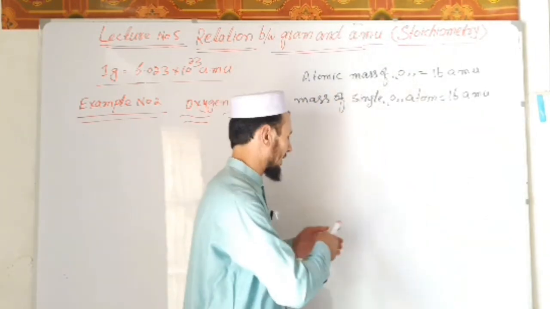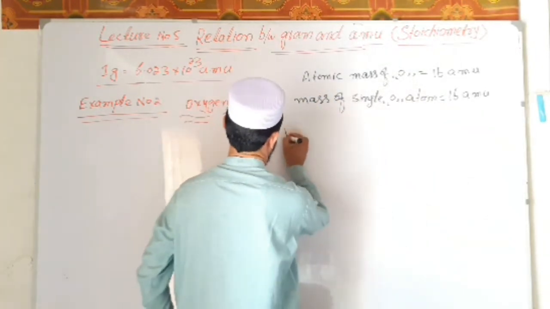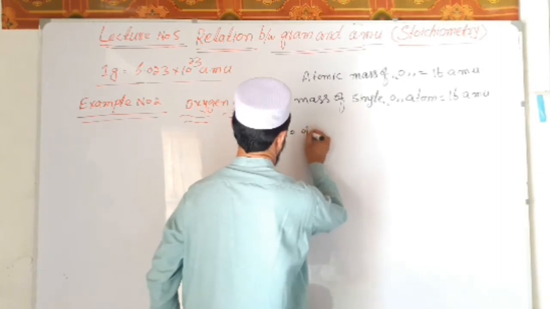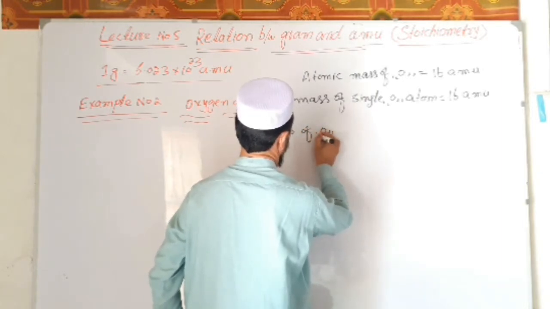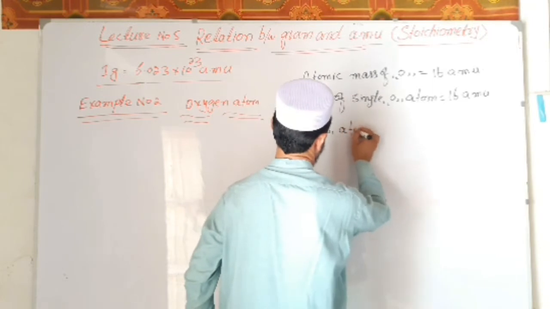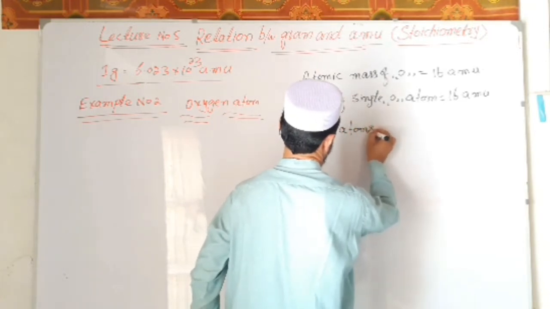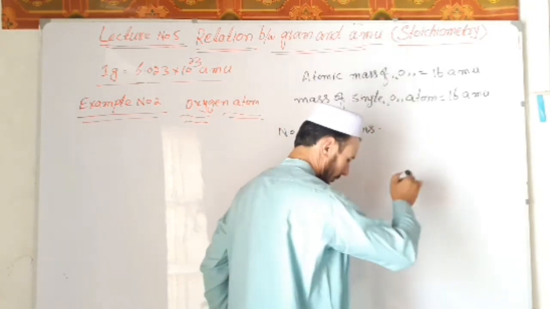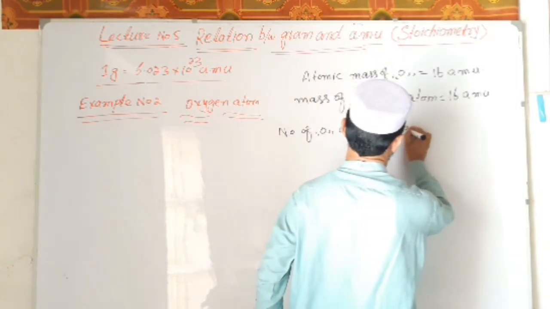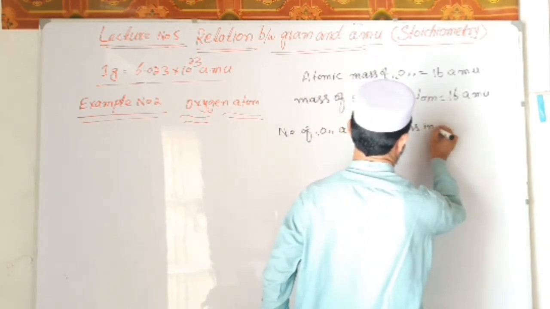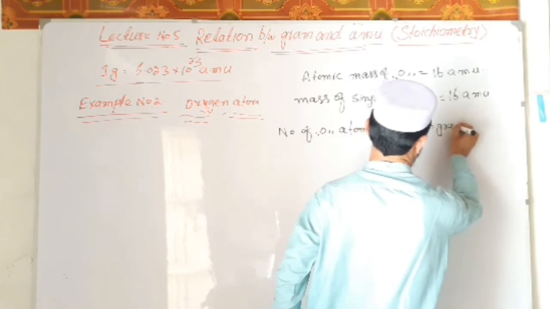So let us understand. Number of oxygen atoms, ratio, mass in grams.